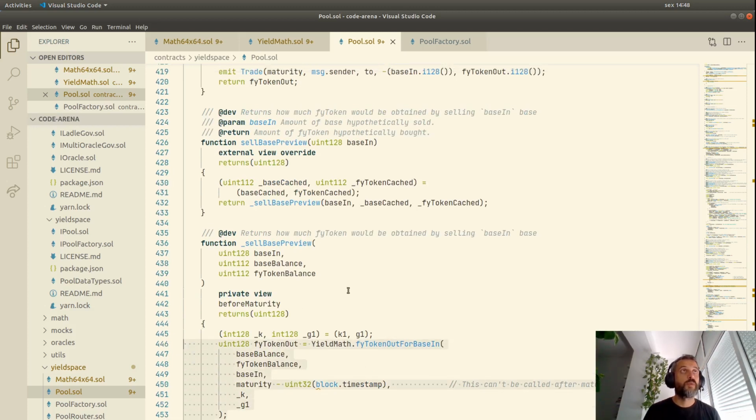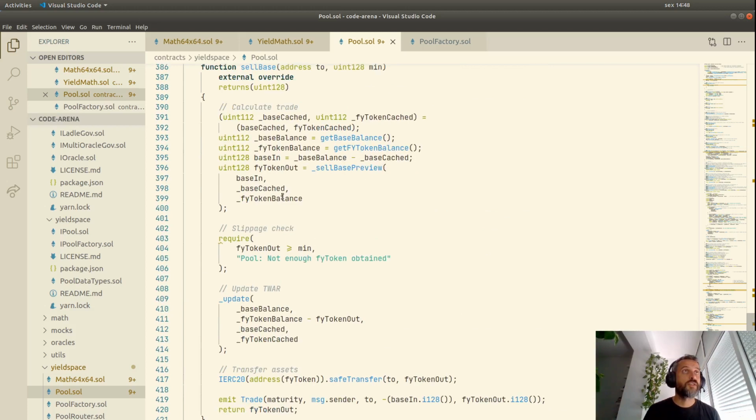So basically, what this function is doing is just, at the end, calling the library. I gather all the data, call the library to know the result of my trade, check that the caller is getting as many tokens as he wanted, update the oracle, transfer the assets, and emit the event.